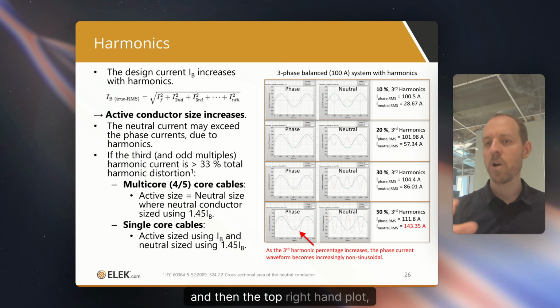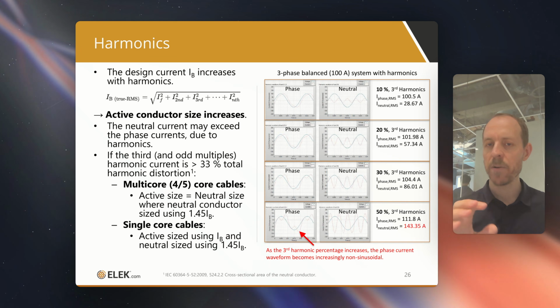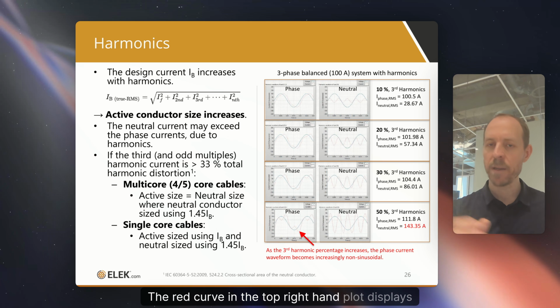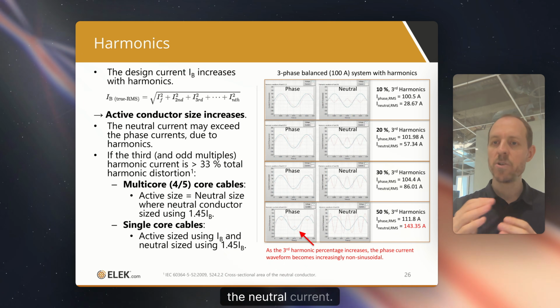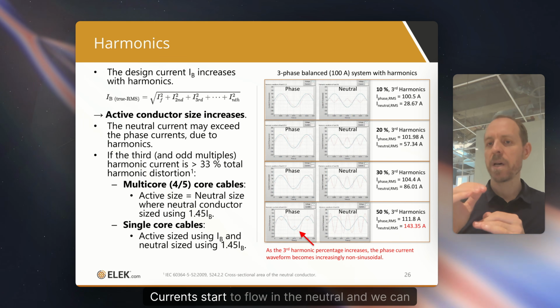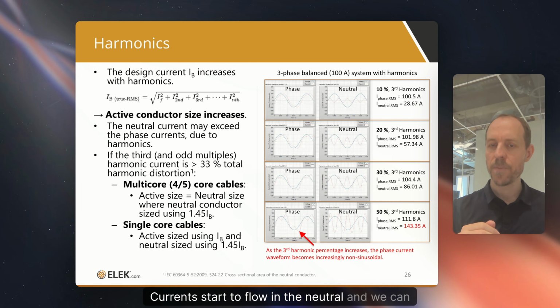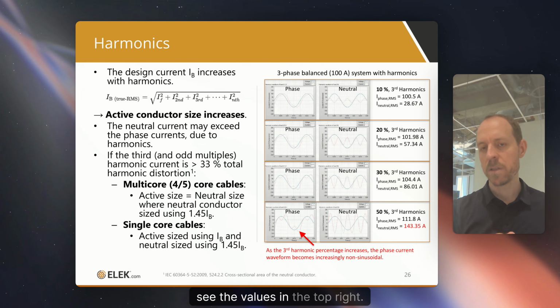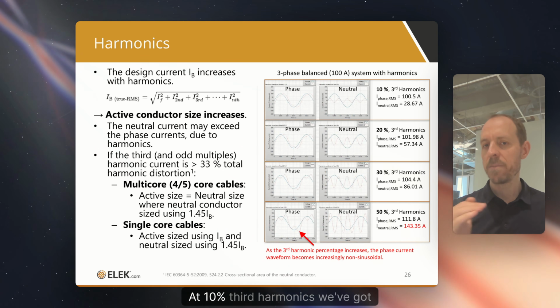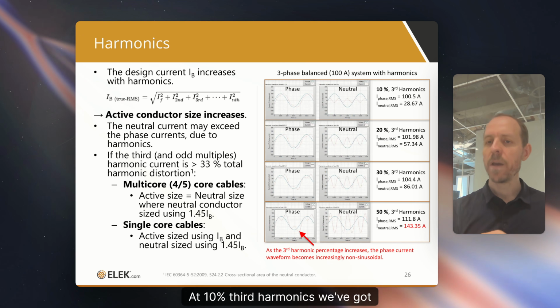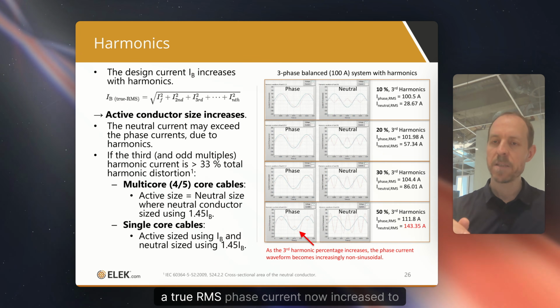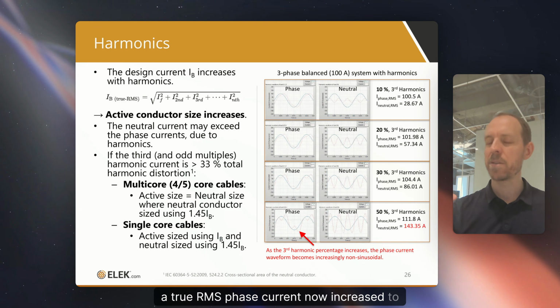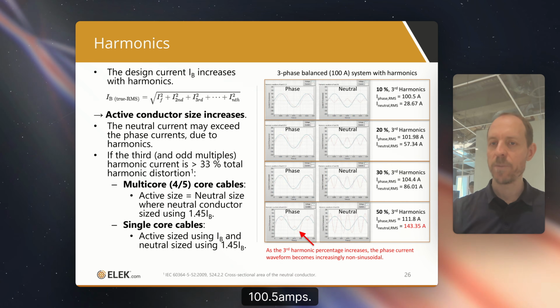And then the top right-hand plot, the red curve, displays the neutral current. Currents start to flow in the neutral, and we can see the values in the top right. At 10% third harmonics, we've got a true RMS phase current now increased to 100.5 amps.